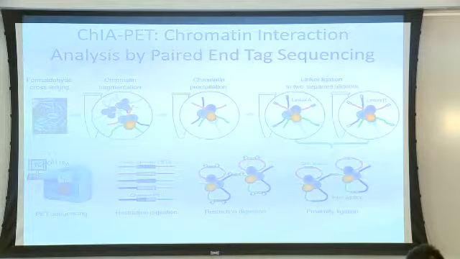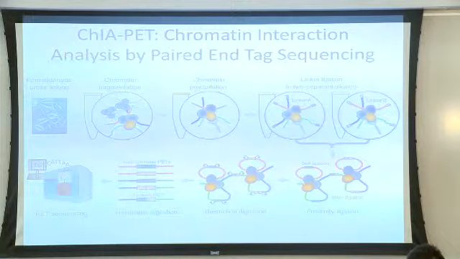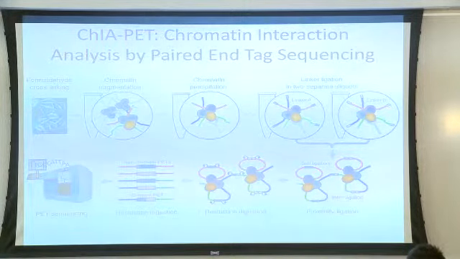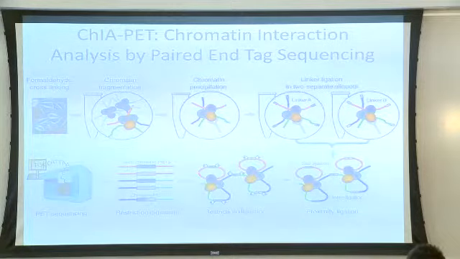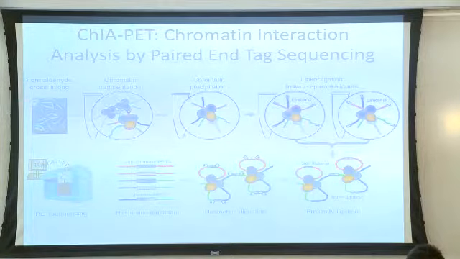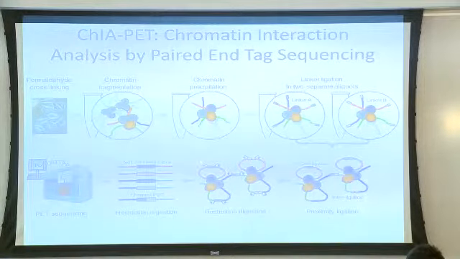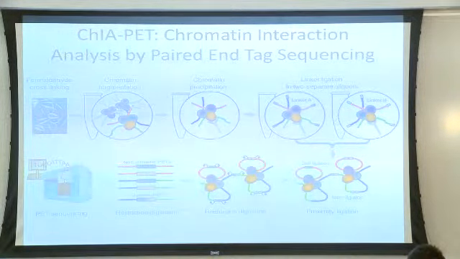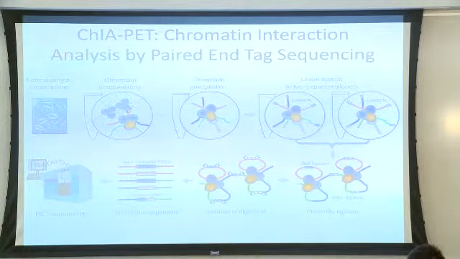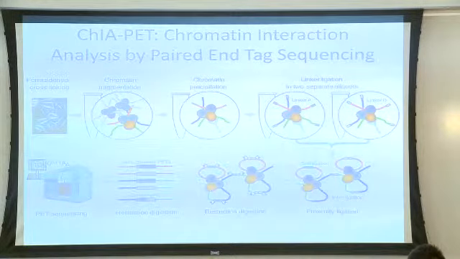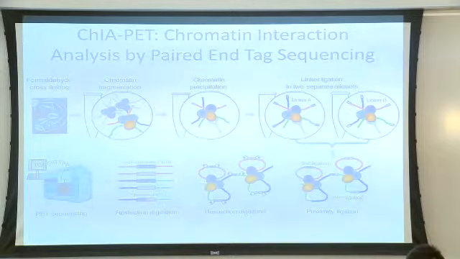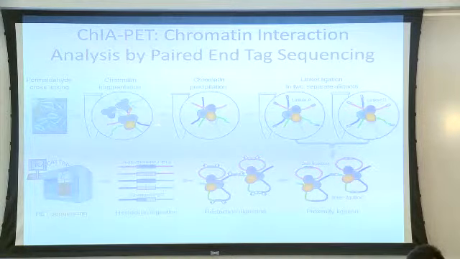It starts with pulling down of cross-linked fragments using an antibody, but then taking advantage of the ability to ligate adapters to these ends that exist in this complex, and ultimately by sequencing across these ends with these known sequences that have been ligated to them, making discoveries about what are all the ends that exist in some close proximity in this original complex.